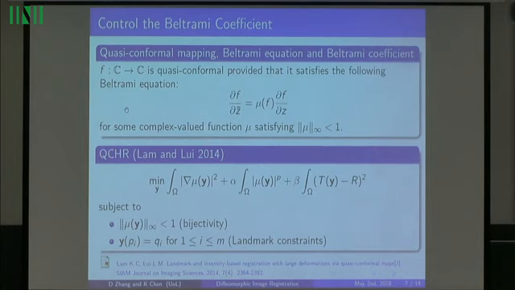When the infinity norm of the Beltrami coefficient of the mapping is smaller than 1, we can ensure that this mapping is diffeomorphic. Based on this, the QCHR model was proposed in 2014. Here it directly regularizes the Beltrami coefficient, not the displacement like the diffusion model. This model also allows the user to provide landmarks.